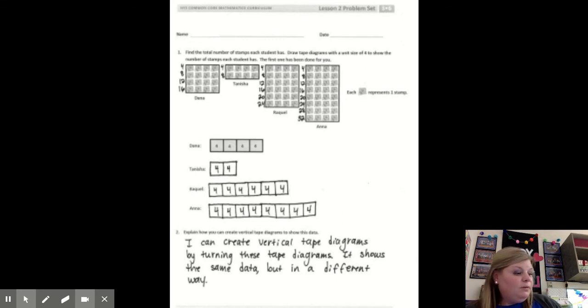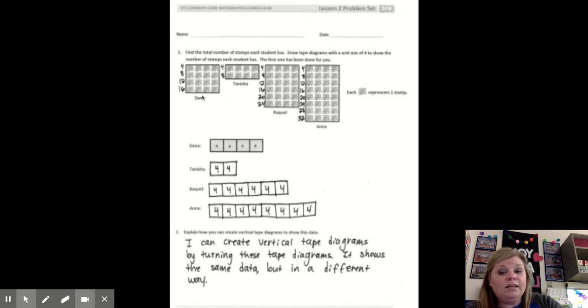On number 1, it was find the total number of stamps each student has. Draw tape diagrams with a unit size of 4 to show the number of stamps each student has. The first one has been done for you. So here we have Dana, and I just counted by 4s because there's 1, 2, 3, 4 in each row. So 4, 8, 12, 16.